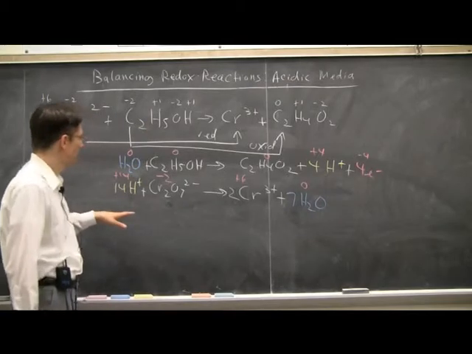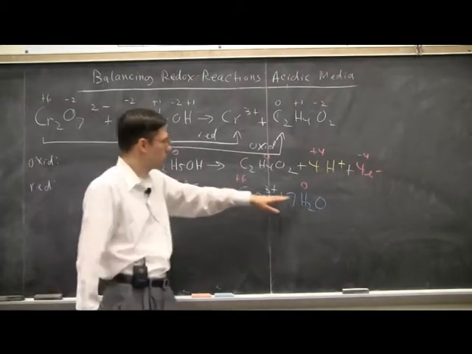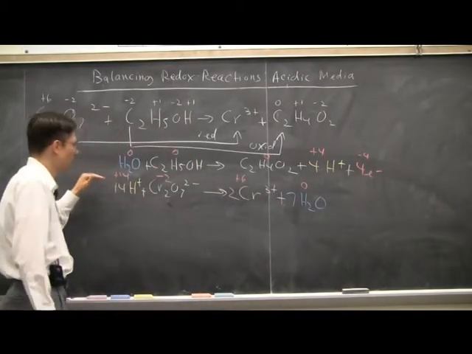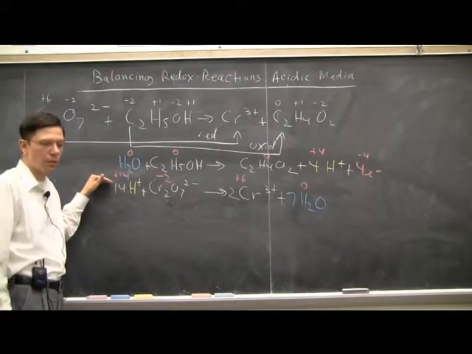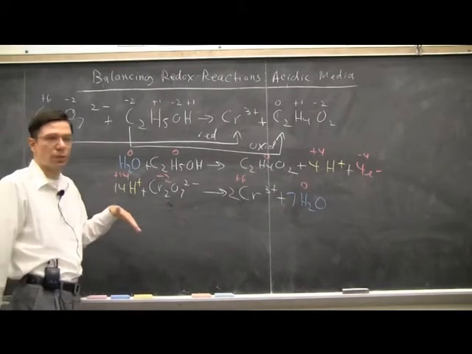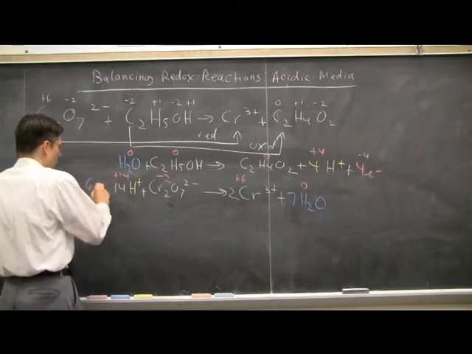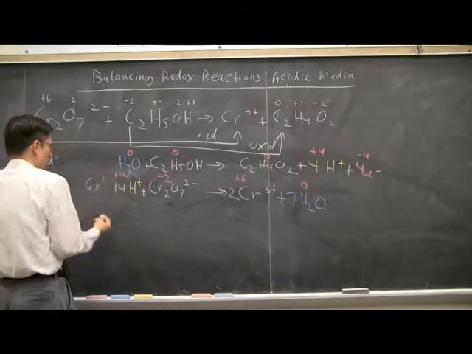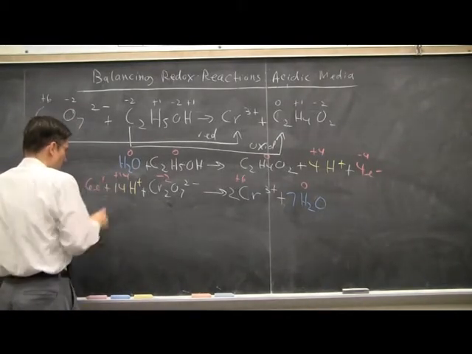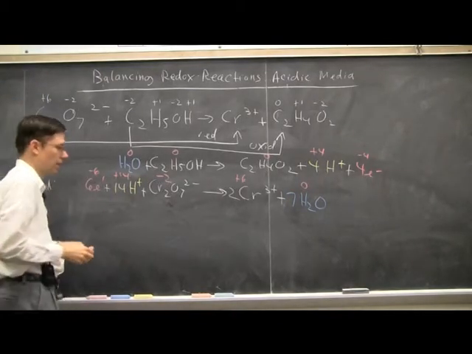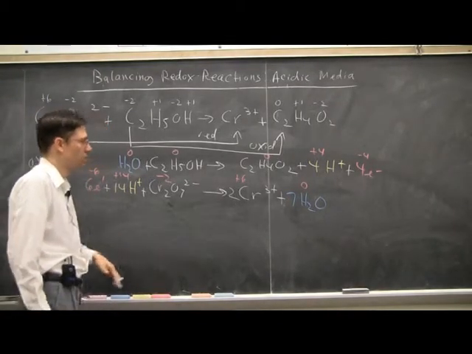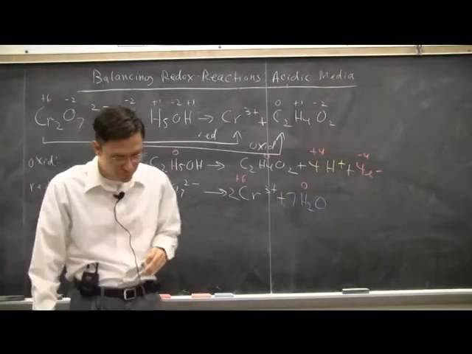This side here, well, we have +6 over here, and here we have +12. So we want to bring this down to +6, so we add 6 electrons, and both sides are now equal. Again, it doesn't have to be 0, just equal.